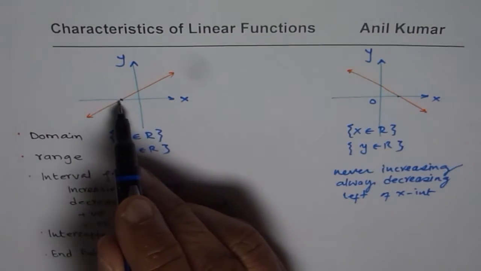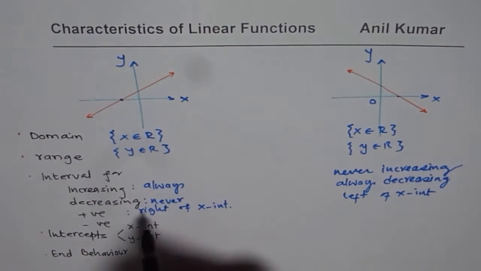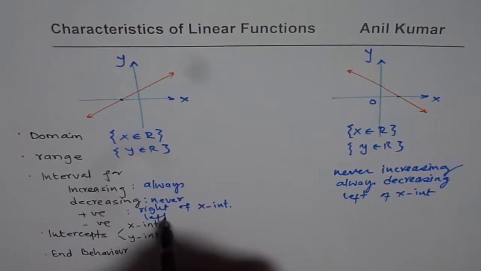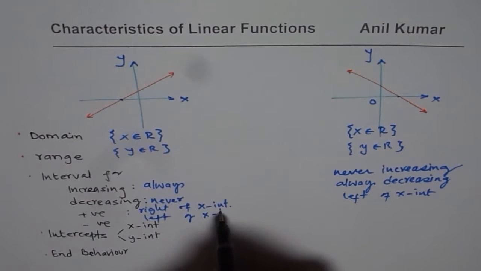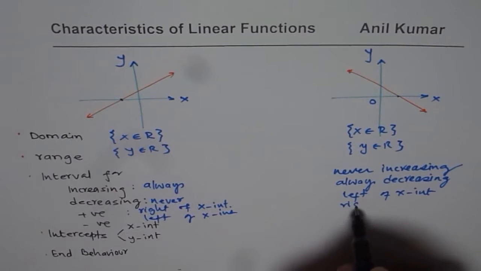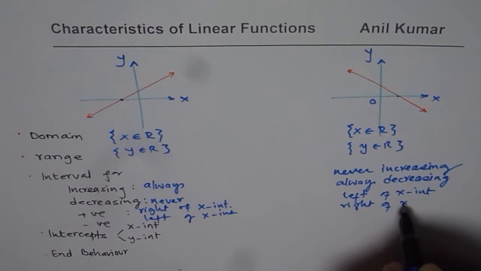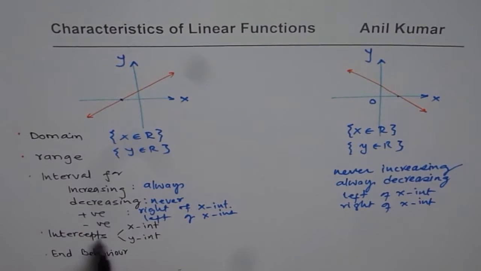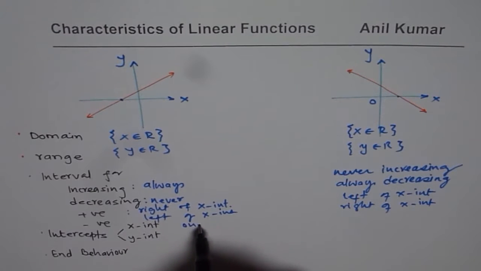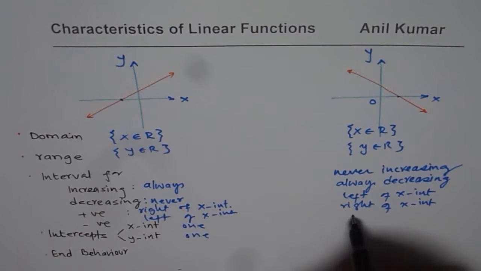Negative, the line is negative when it is on the left of the x-intercept, and in this case it is on the right of the x-intercept, correct? Intercepts, it will have one each, right? It has one x-intercept and one y-intercept.